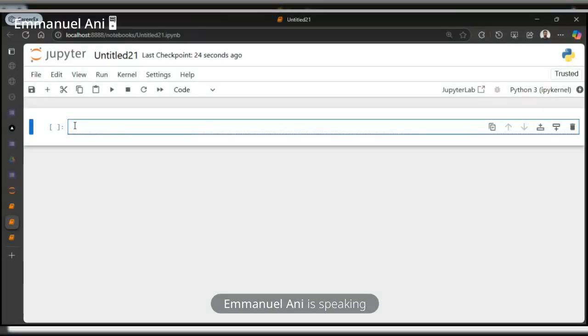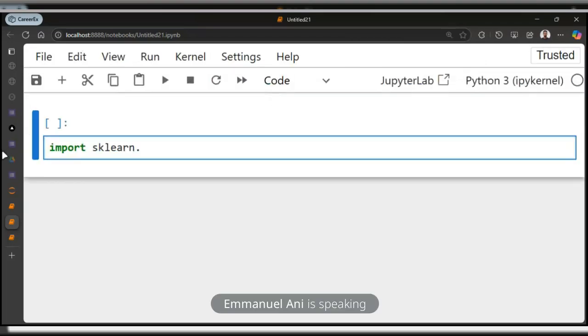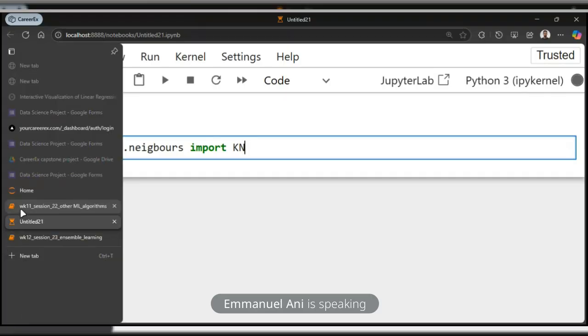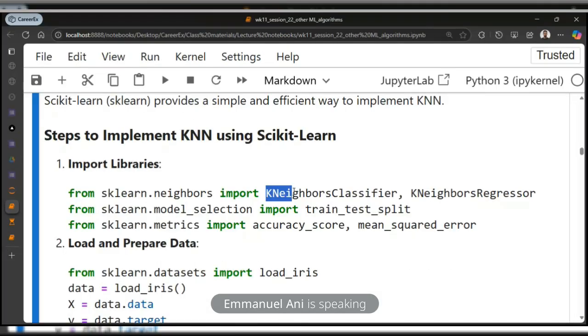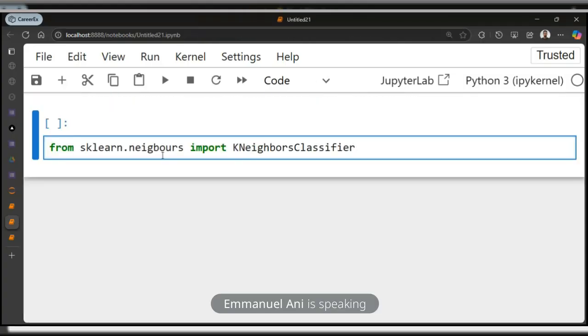So to import your KNN class, what you do is go to, rather, not import Scikit-learn, but from Scikit-learn.neighbors import KNeighborsClassifier. Let me just confirm. So we'll import KNeighborsClassifier, right?